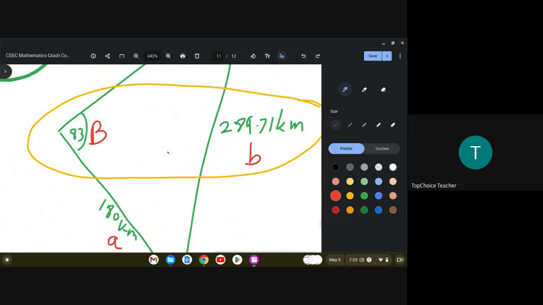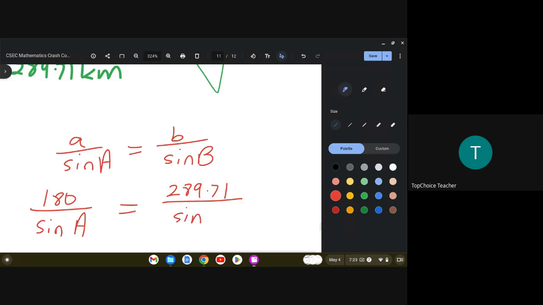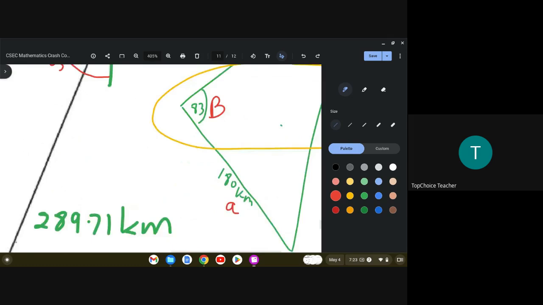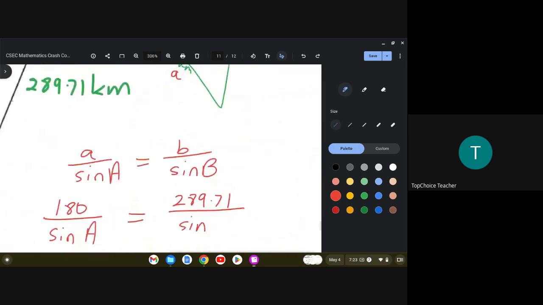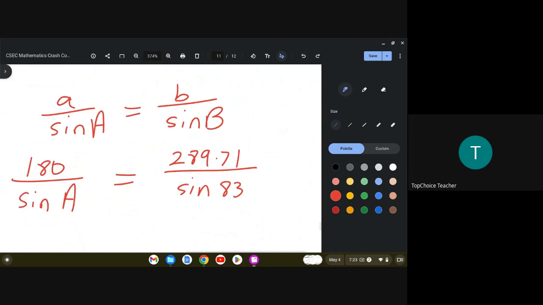Small b is 289.71, so let me put that in now: 289.71 over the sine of B. And we know capital B, that's 83 degrees, so this will be the sine of 83 degrees.